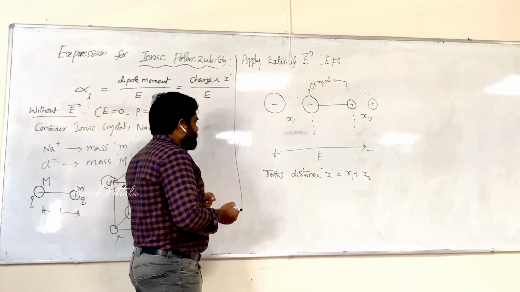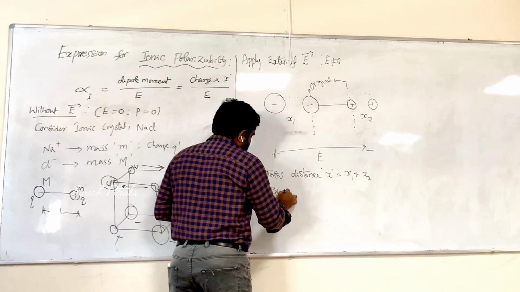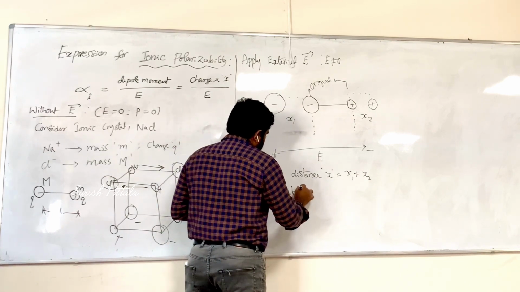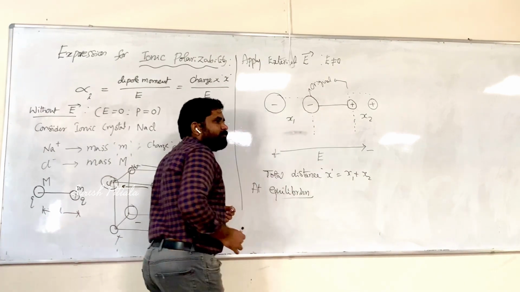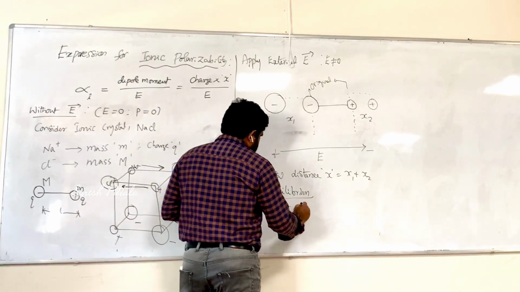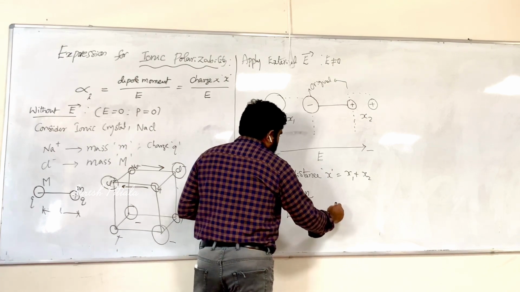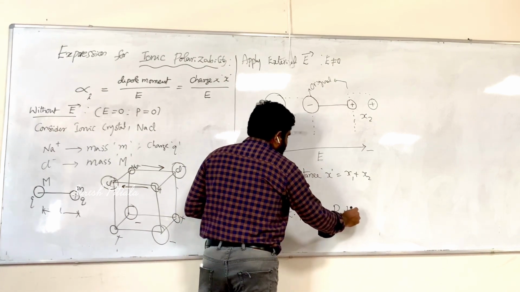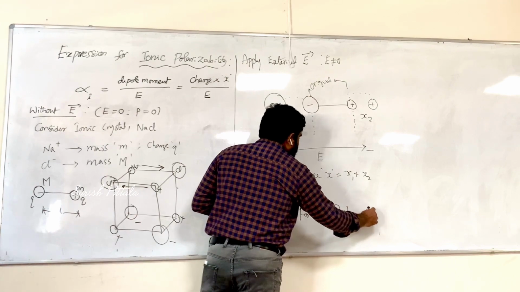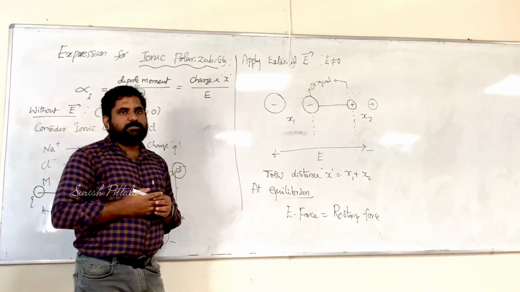So apply the same principle, which means at equilibrium, what happens at equilibrium? Your electric force is equal to the restoring force. We use this condition, then we can get x1 and x2.